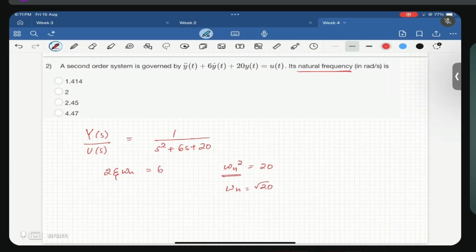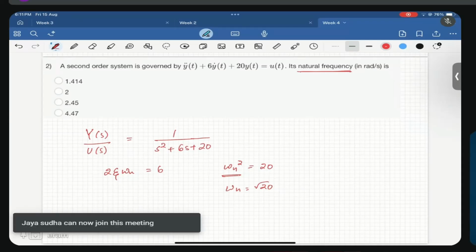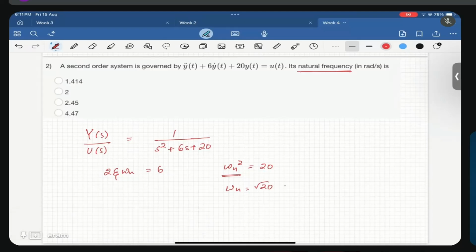So in decimal, what is under root 20? Please calculate. So it is 4.47 radian per second.